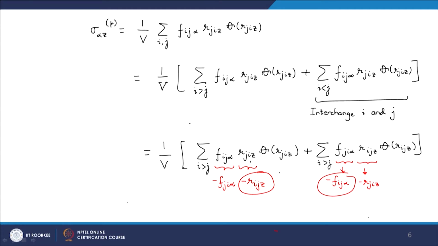So then I will have minus of 1 by V, and we will have the same term here also, except the theta functions need to be summed up.